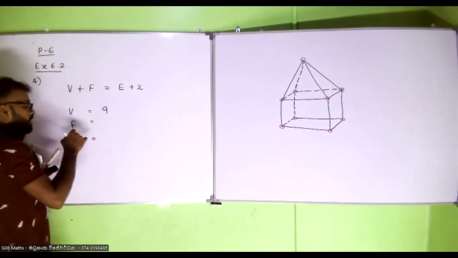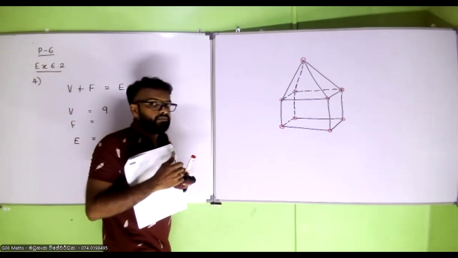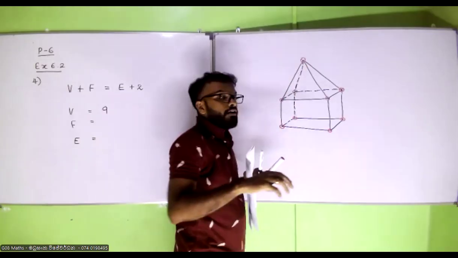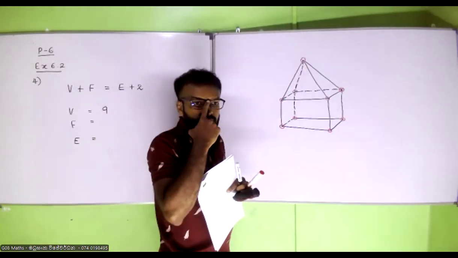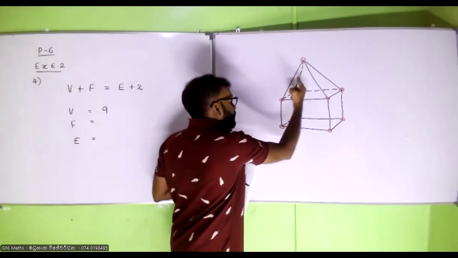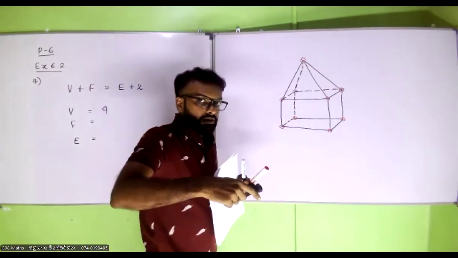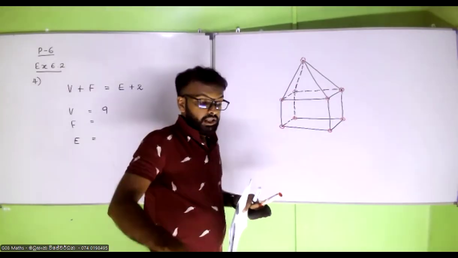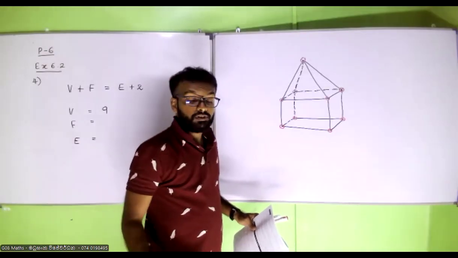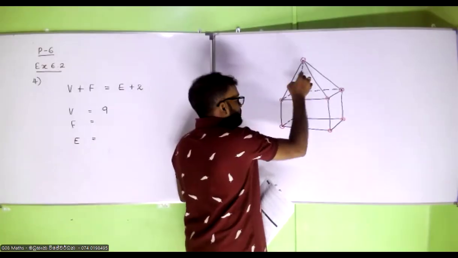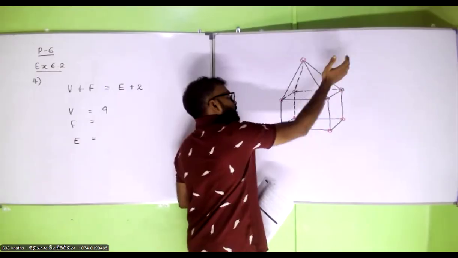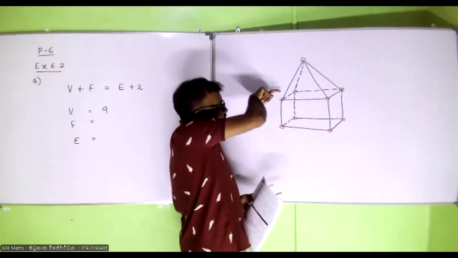Now I am going to calculate the number of faces that we have. Now you know, on top of this you have a square pyramid, right? If we go around the pyramid, we have 4 triangular faces. First one, second one, and their backside, third one, and this side, fourth one.